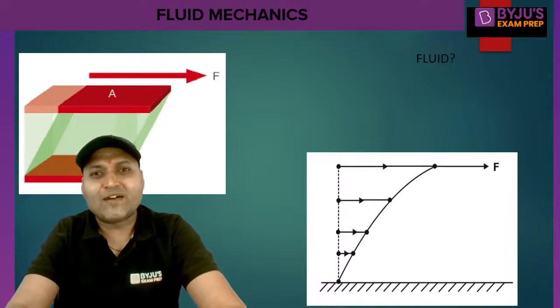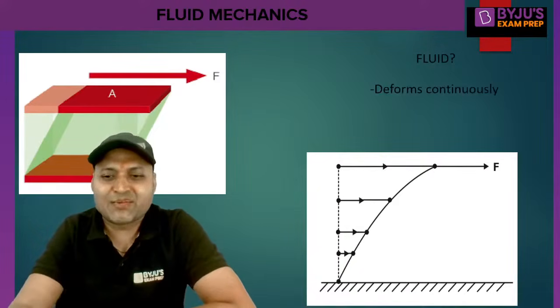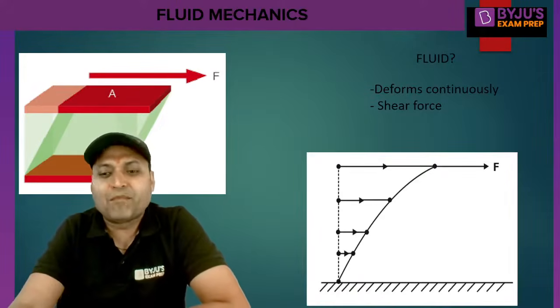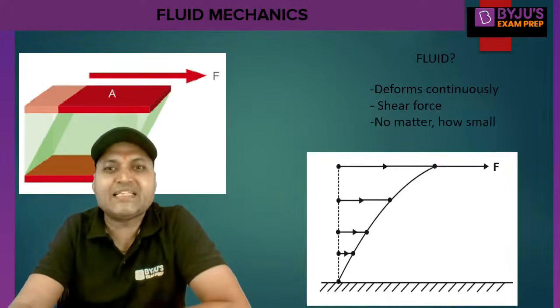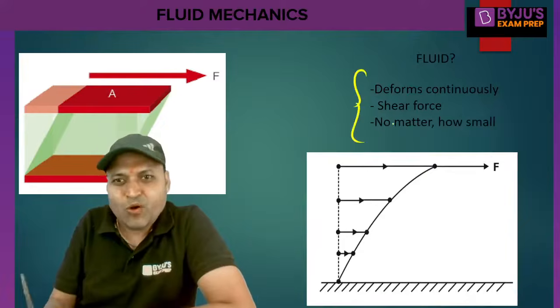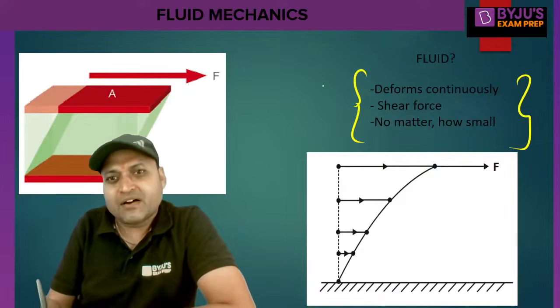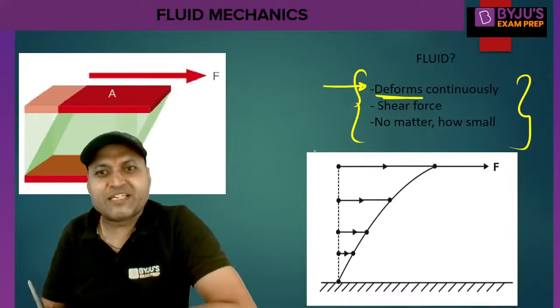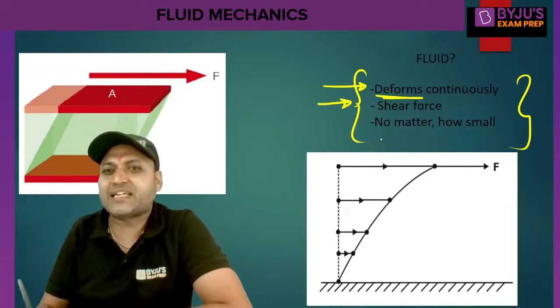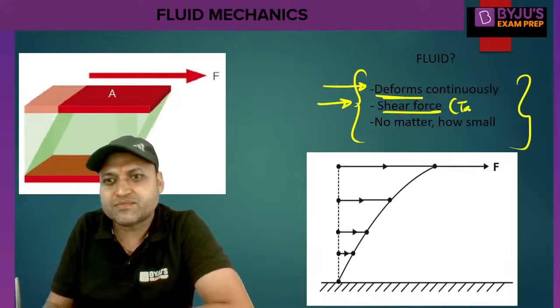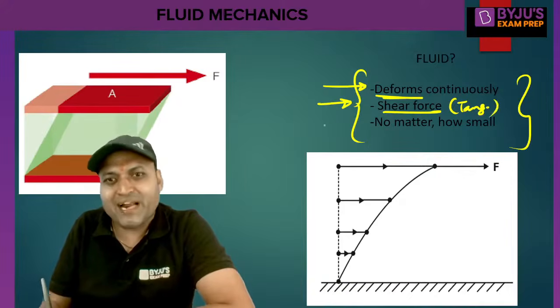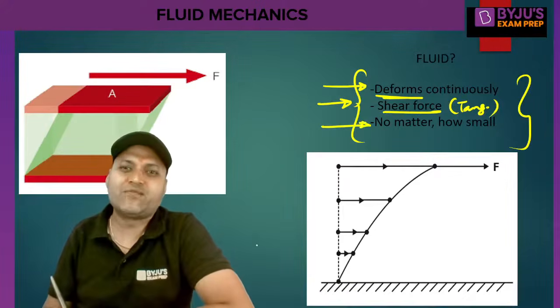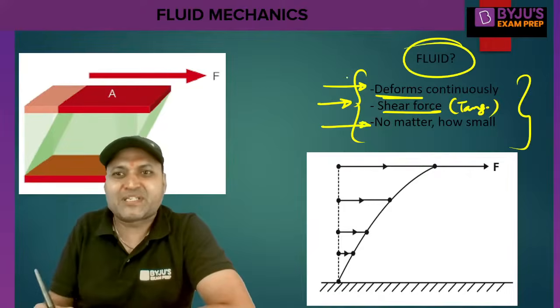Actually, what exactly is the fluid? Before we start, let us discuss the fluid. Three important properties make the substance a fluid. What are the important properties? A substance which deforms continuously on the application of shear or tangential force, no matter how small is the magnitude of the tangential force, that makes the substance a fluid.